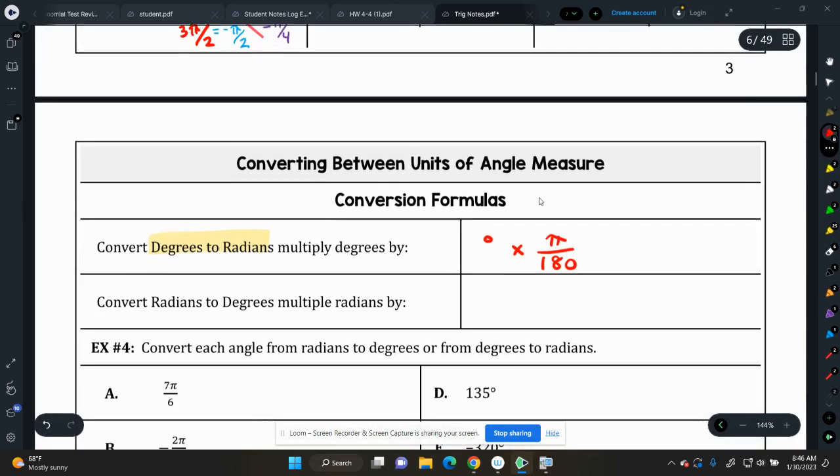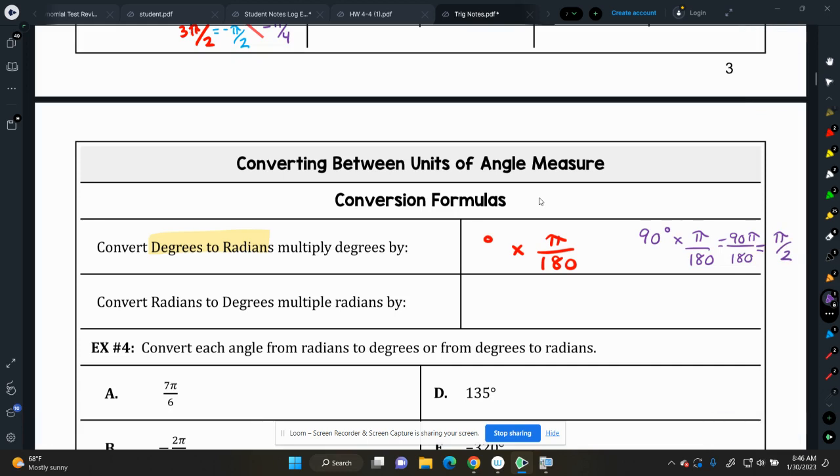So for instance, 90 degrees, if I wanted to convert that to radians, I would multiply by pi over 180, which gives me 90 pi over 180. And 90 over 180 reduces to 1 over 2. So that's pi over 2. So 90 degrees is pi over 2 radians, right?